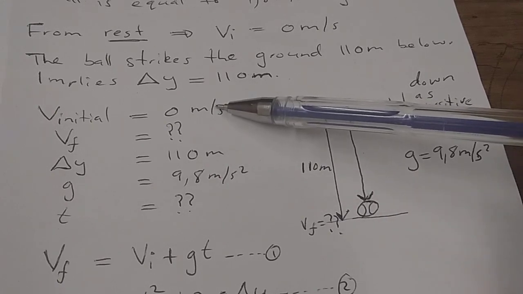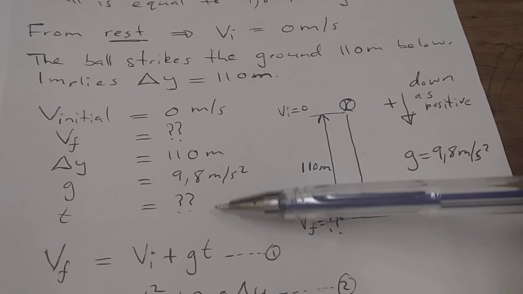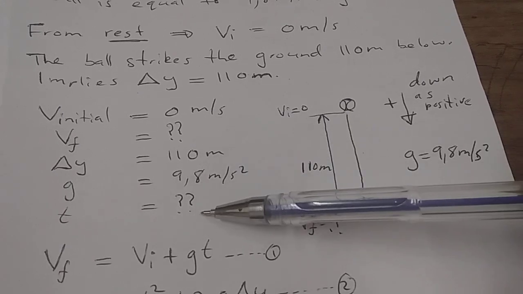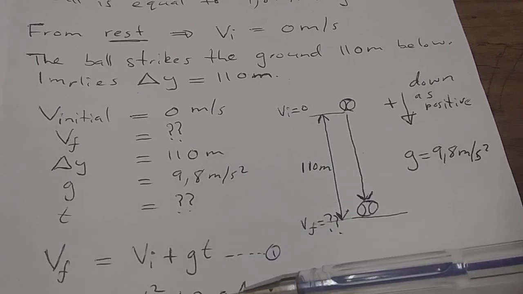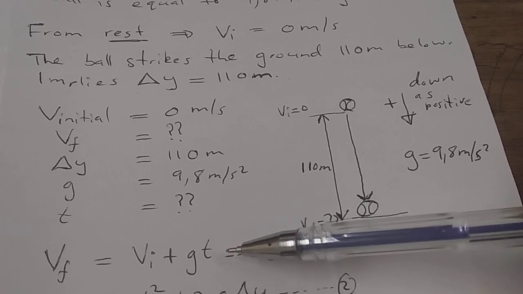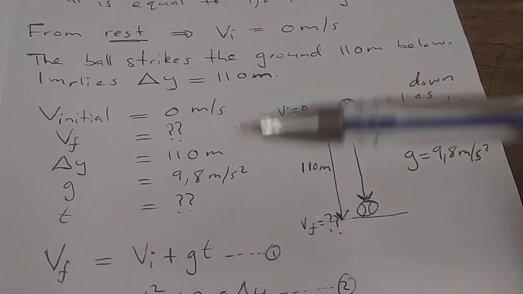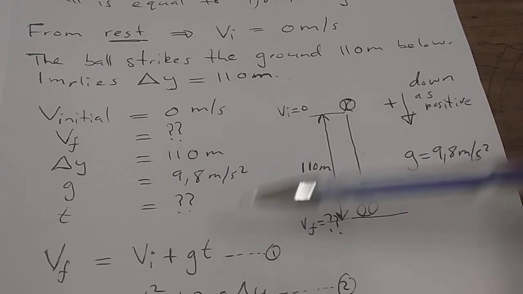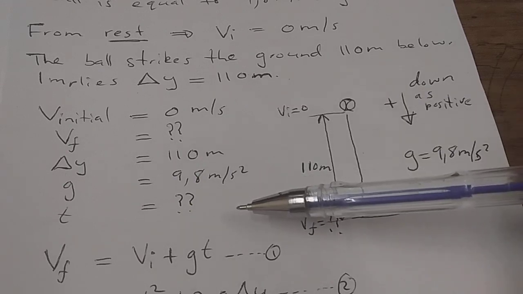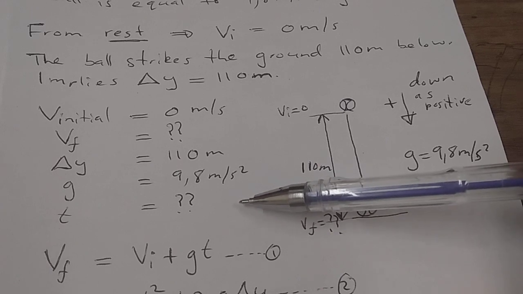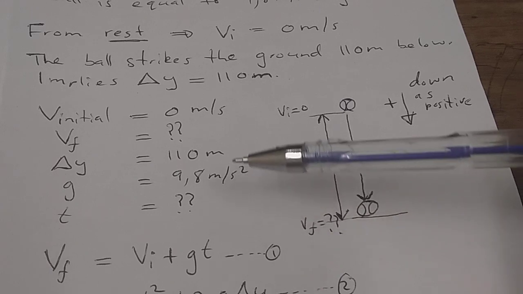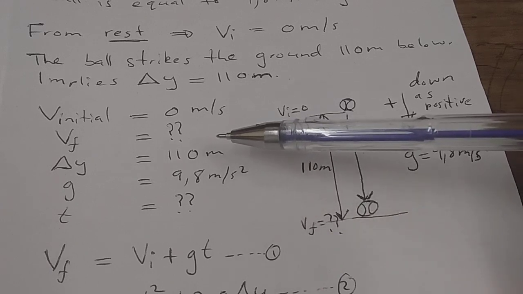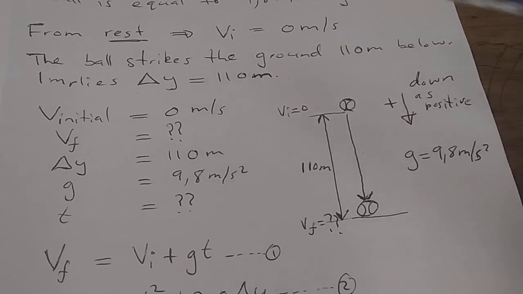So what do you do? You have 2 unknowns, you can construct 2 equations, then you can solve using simultaneous equations, then you can solve for VF and T. And in this problem in particular, we're only supposed to solve for T. However, I can show you how also to solve for VF.